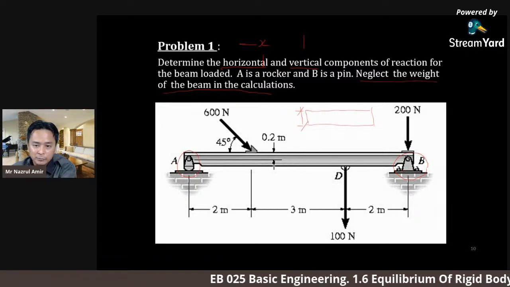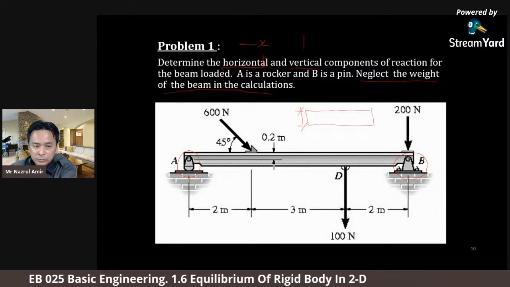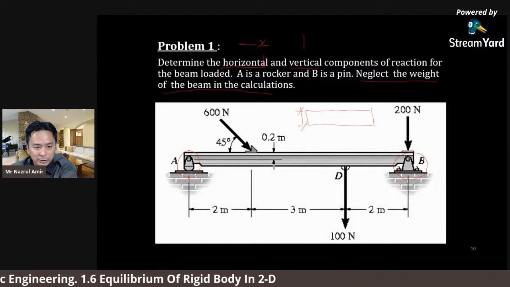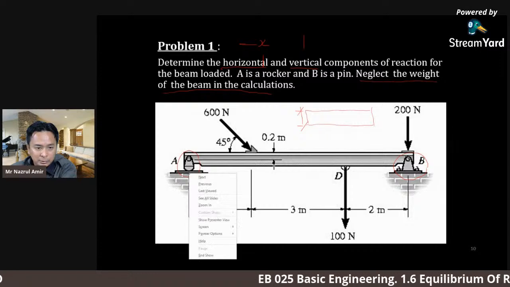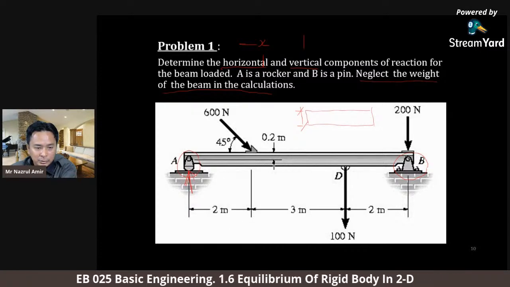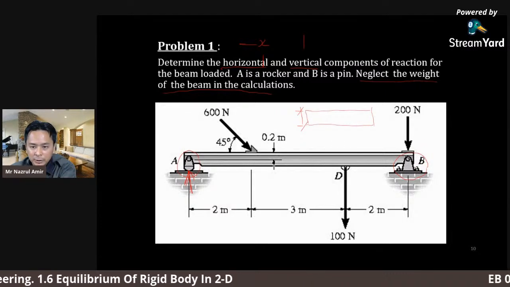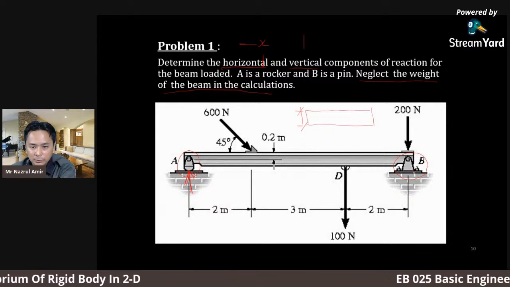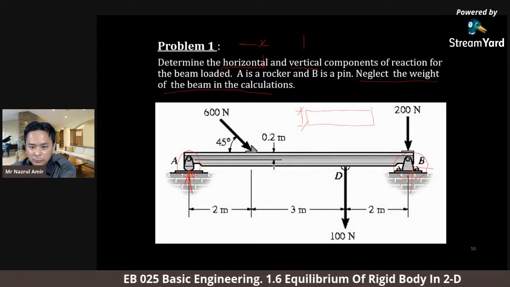That's the main objective of constructing the free body diagram. We know that a rocker will produce one reaction force that goes in the direction normal to the plane, and at the pin we have two reaction forces. Actually they are components of force. We have Bx and By, two unknowns here.